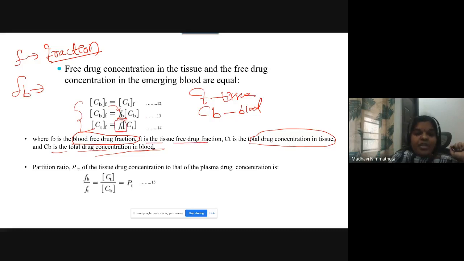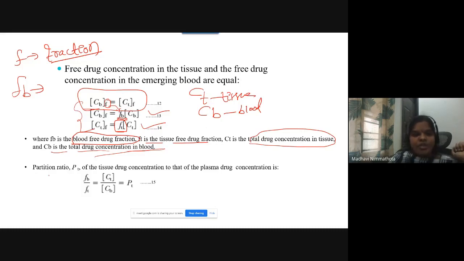That is, tissue free means in these tissues your unbound drug will be available. So you need to calculate the free drug for the blood and the free drug for the tissues by using these two equations. And this is the generalized equation for calculating the fraction of the drug which is available in the blood and in the tissues.